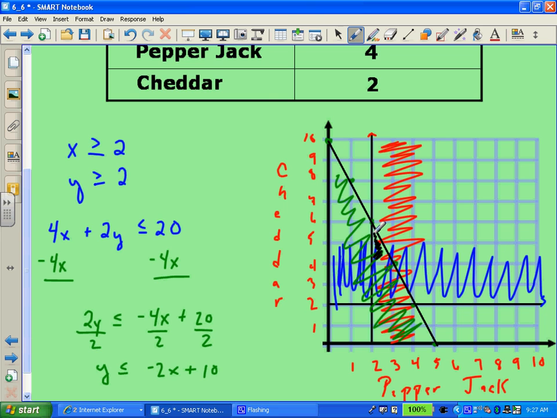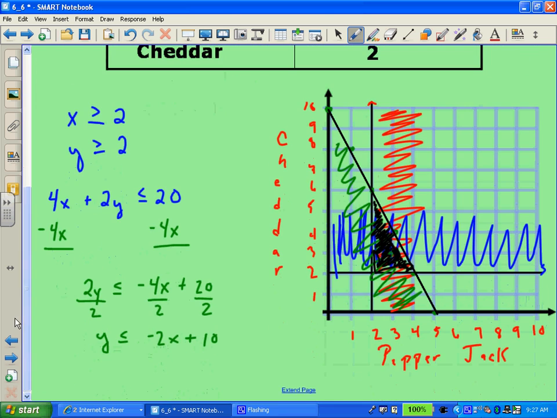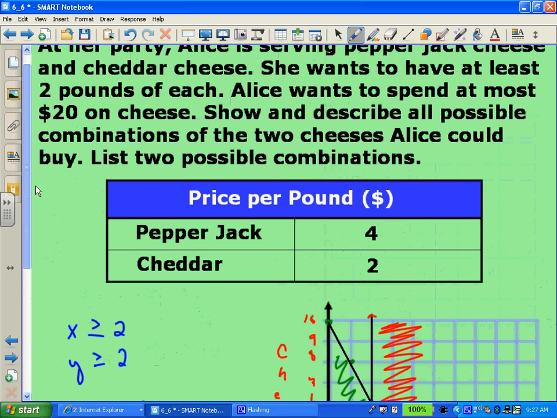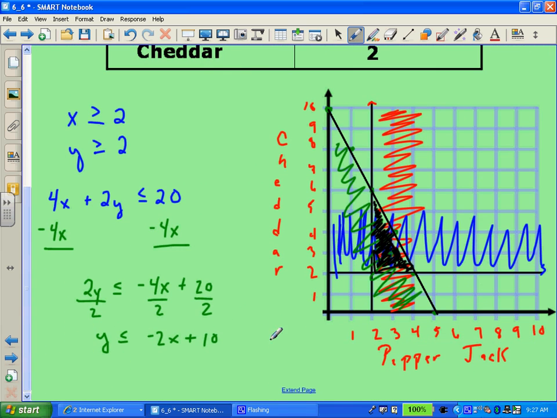Okay, so you can see that the only place where all 3 colors, red, blue, and green, overlap is right in this little triangular region right here. So everything in there would be a potential solution to my problem, and it told me earlier to list 2 possible solutions for how many pounds of pepper jack and cheddar she's going to buy.